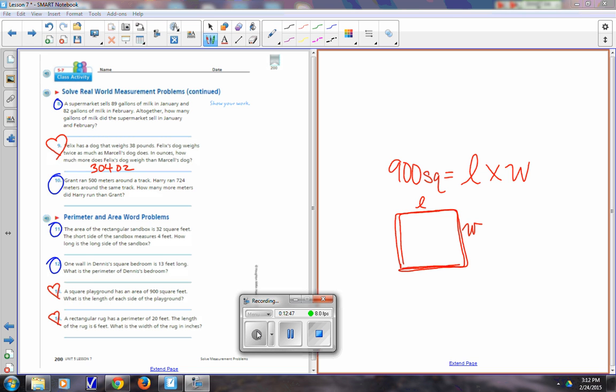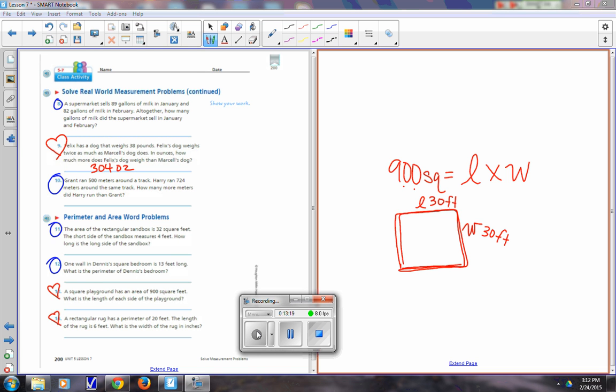So if I were to multiply 2 things by each other to get 900, I'm thinking 3 times 3 is 9. And then I have 2 zeros here. So I'm thinking it's 30 feet. And that's just because I looked at the 9 and I went, what can I multiply together to get 9? And that's how I got that one. Don't be afraid to draw a picture.